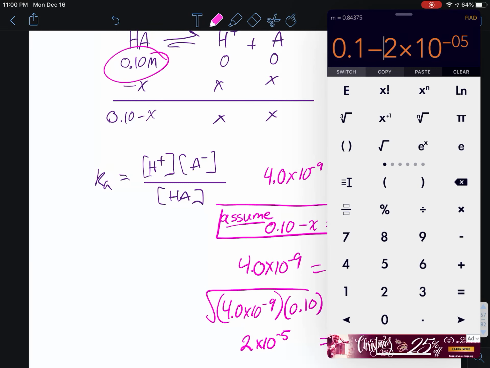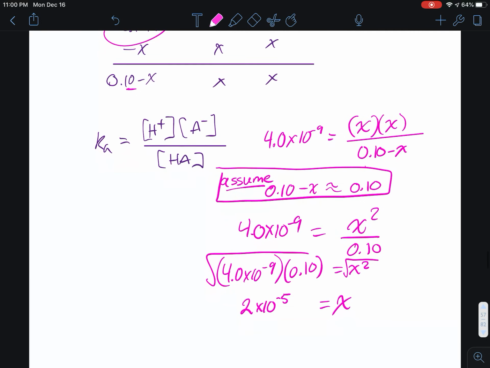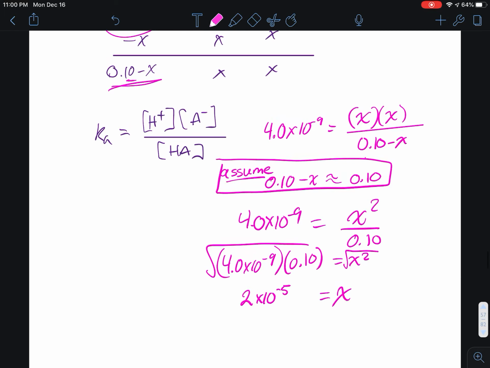So if we did 0.1 minus 2 times 10 to the negative 5, I mean, look at that number, 0.099998. We might as well write 0.1, especially in a situation where we only have two significant figures. So it really has no effect on this concentration, although it is important to know how much H plus you have, right? So this is 2 times 10 to the negative 5.